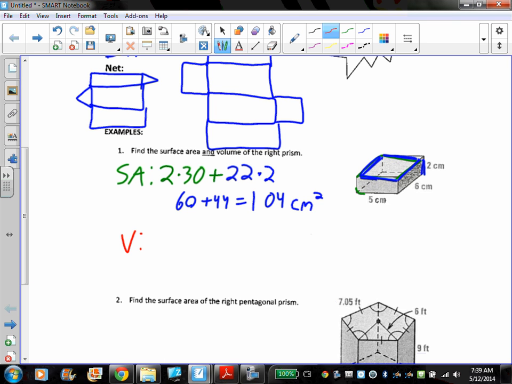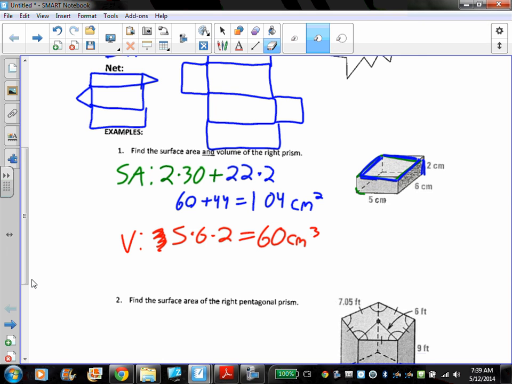Well, the area of our base is 5 times 6, and our height is 2. So 5 times 6 times 2, which gives us 60. The units on this are going to be centimeters cubed, to the 3rd power, because there are 3 dimensions in our volume. So that's the surface area and volume for that shape.